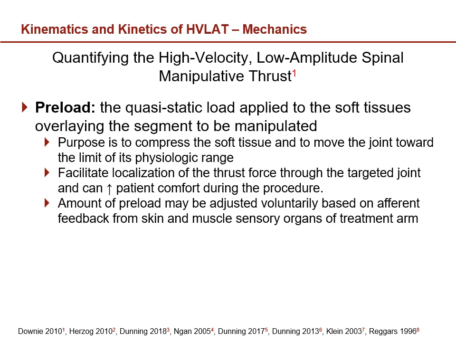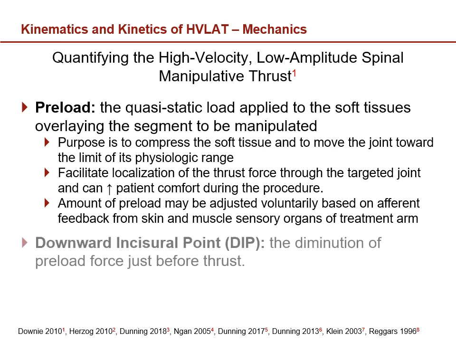The purpose is to compress the soft tissue and move the joint toward the limit of physiological end range. Doing so can also increase the patient comfort during the procedure. The amount of preload may be adjusted voluntarily based on the afferent feedback from the skin and muscle sensory organs of the treatment arm, i.e. based upon the sensory input that you're feeling within the tissue. This may determine how much preload you use for one patient versus the next, one joint versus the next, even if it's within the same patient.